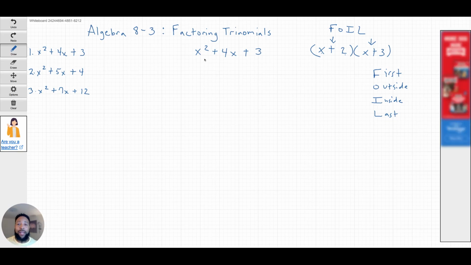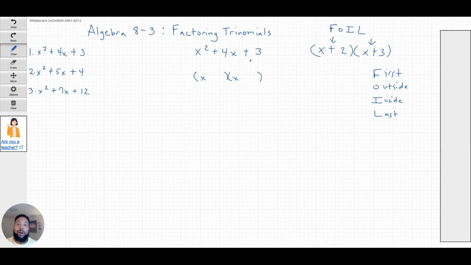Okay, so going back to our x squared plus 4x plus 3, remember our pattern. So we know that there's going to be two binomials, x and x. So basically, we need to find two numbers that when you add them, you get 4, but when you multiply them, you get 3. So let's take a look at this. Basically, how do you add up to get 4?